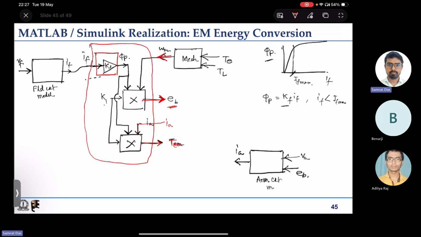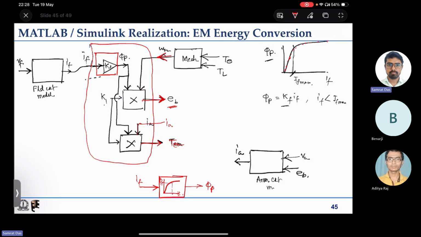Now we are simply using a gain block, but we could also have some lookup table based block, where this data, whatever we have, flux per pole to IF, has been put. Now if IF is the input, it searches in this data set, gets the corresponding phi p, and outputs it as the output of this block.